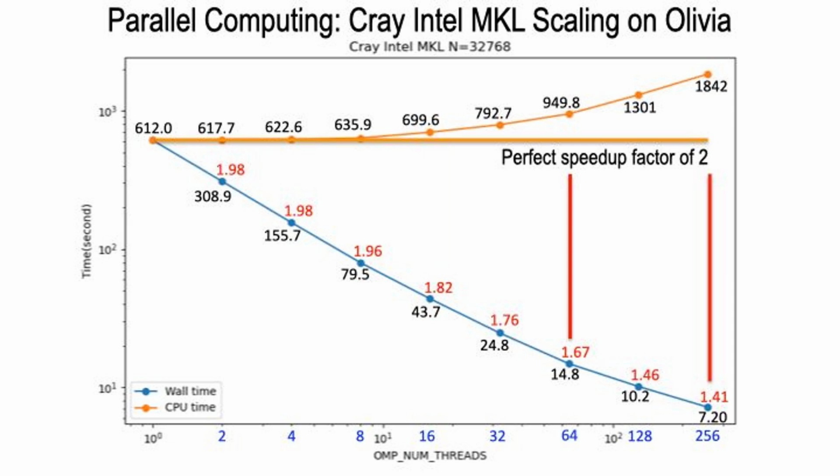The speedup decreases further when scaling to 256 cores. A computation taking 14.8 seconds on 64 cores is reduced to approximately 7.20 seconds on 256 cores, achieving a speedup of 2.1. In an ideal case with perfect speedup, this would have been 4.